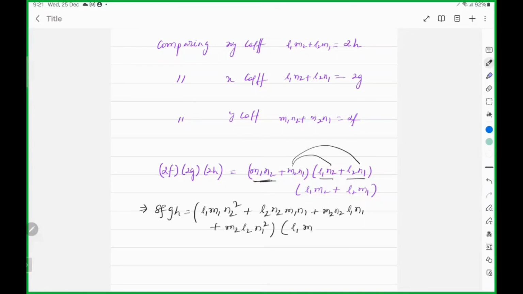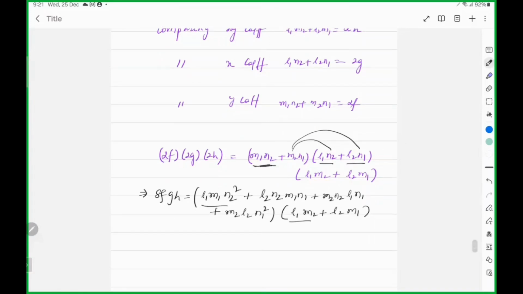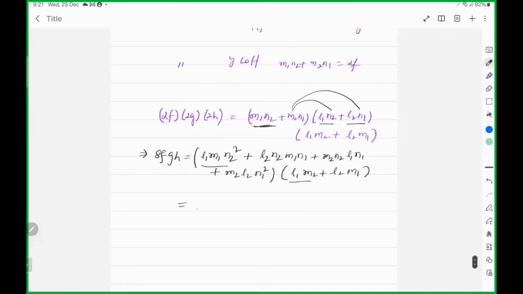So totally we get 8 terms after simplification. So this into this, we get L1²M1M2N2². This into this, L1L2M2²N2².